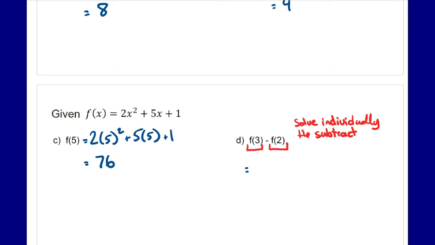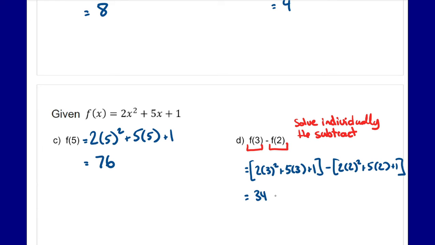So in this case, 2 times 3 squared plus 5 times 3 plus 1 minus 2 times 2 squared plus 5 times 2 plus 1. We should end up with 34 minus 19, which gives us 15.